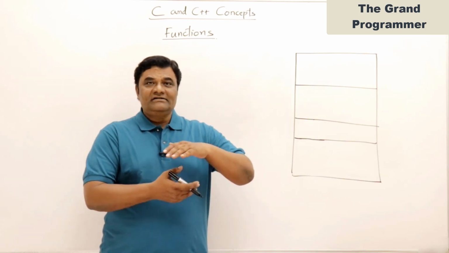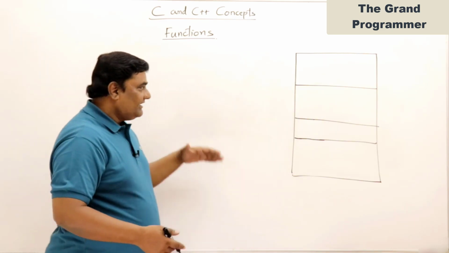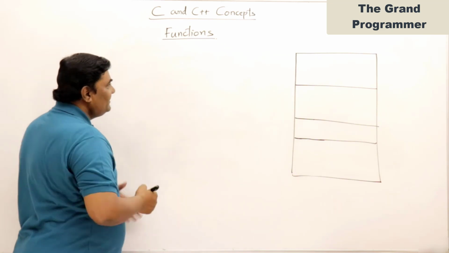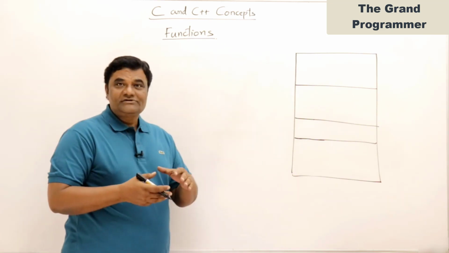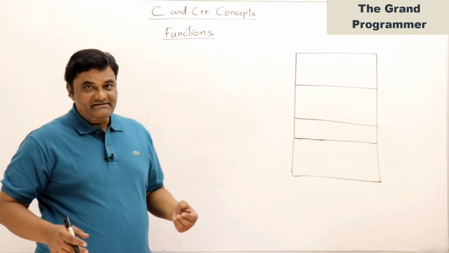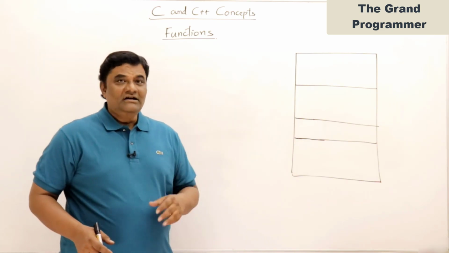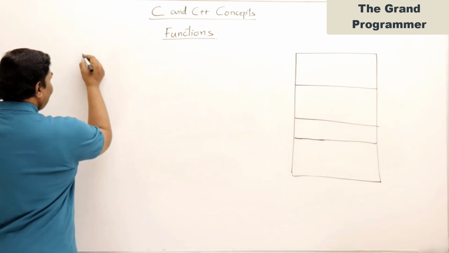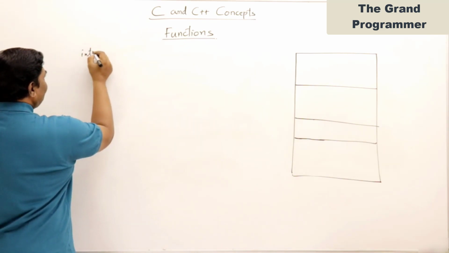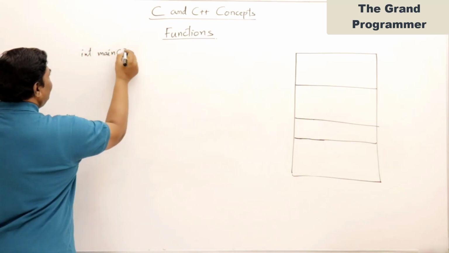See, instead of writing everything inside a single main function, we can break the main function into small manageable pieces and separate the repeating or smaller tasks. For example, if I am writing one program, everything is going to be inside the main function.